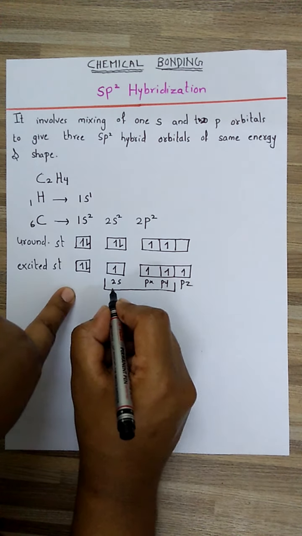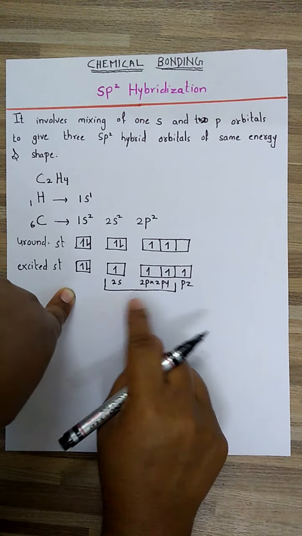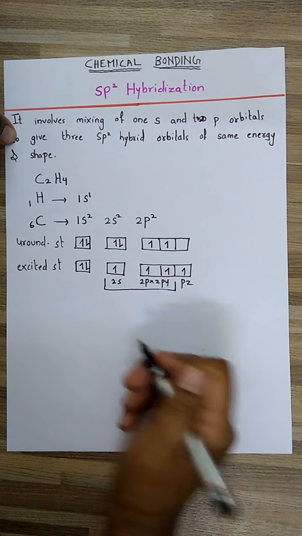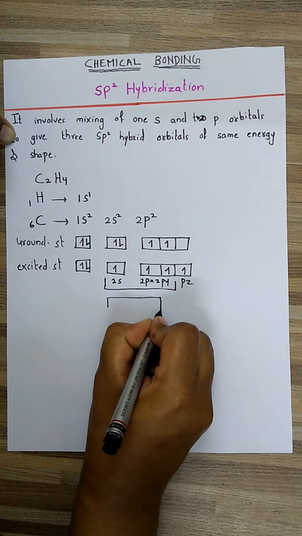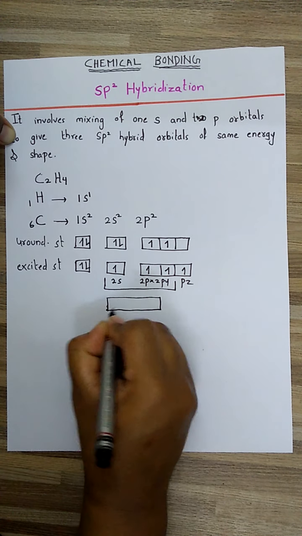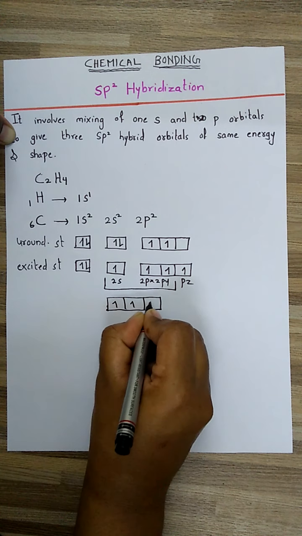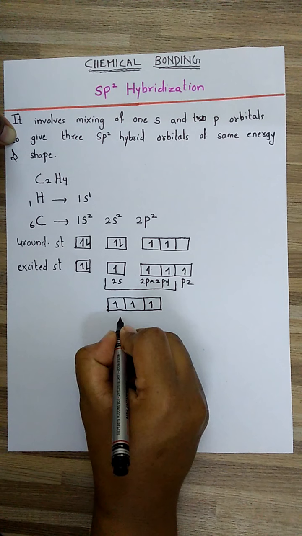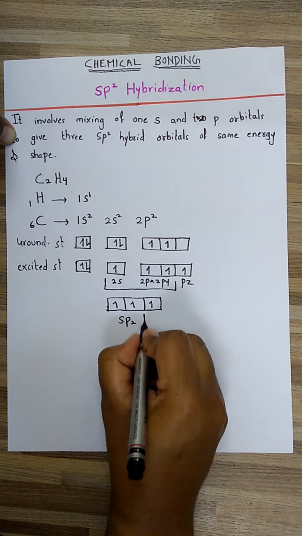So one s orbital and two of the p orbitals undergo mixing and recasting to give you 3 hybrid orbitals of the same energy and shape, and we will have sp2 hybrid orbitals.